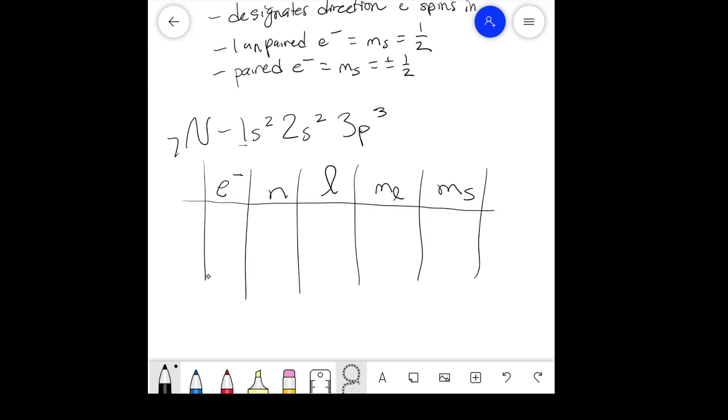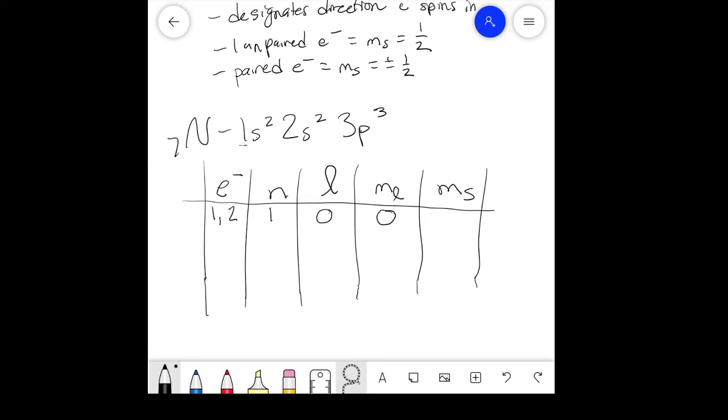So we're going to start with the first set of electrons. We know in this S sublevel, we have 2 electrons from that exponent. So we're going to say electrons 1 and 2. And from this coefficient, we know they're in energy level 1. S sublevel is L equals 0. M sub L is negative L to positive L, so that would just be 0 again.